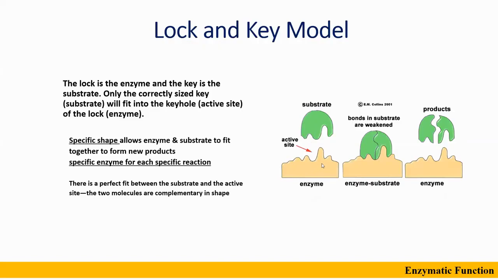The specific shape of the enzyme and the shape of the substrate is what enables the substrate and the enzyme to bind together. And this is a perfect fit between the substrate and the active site.